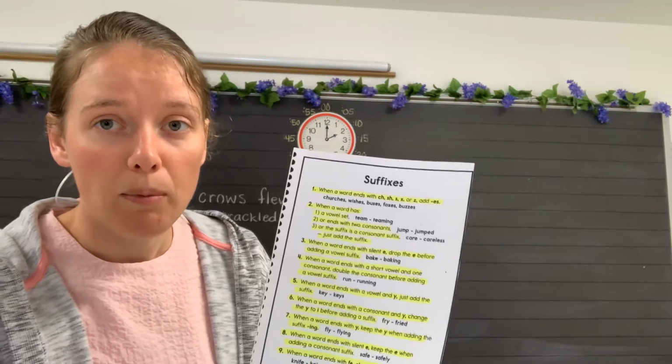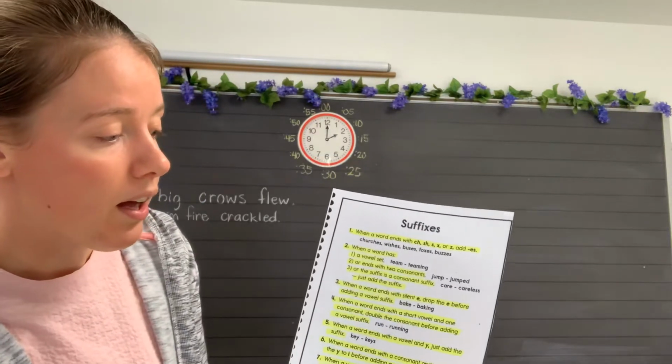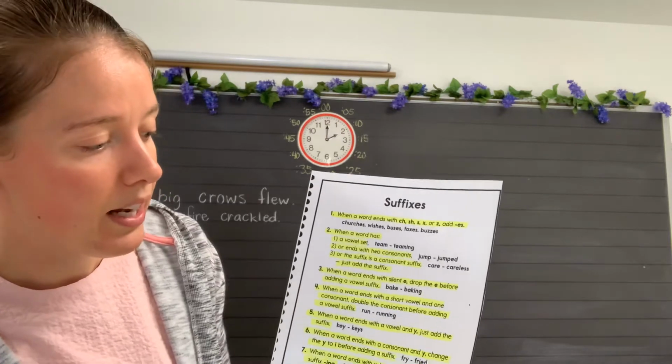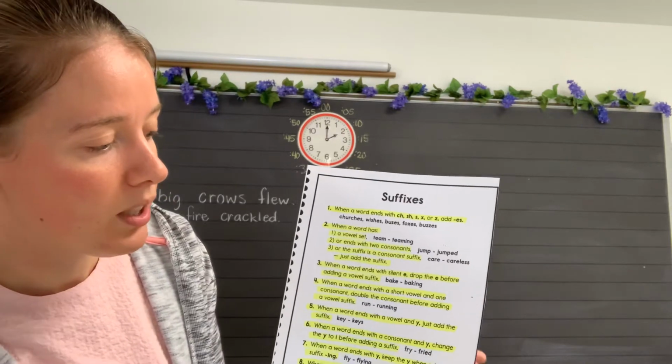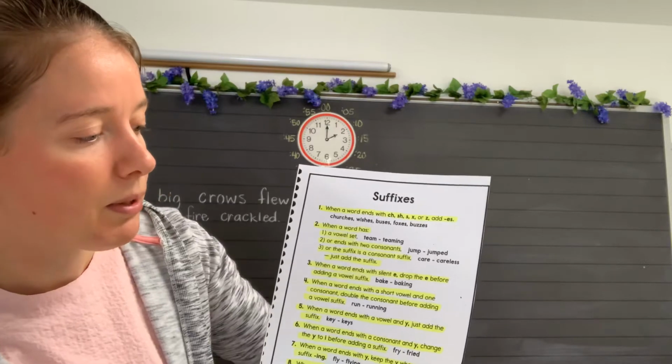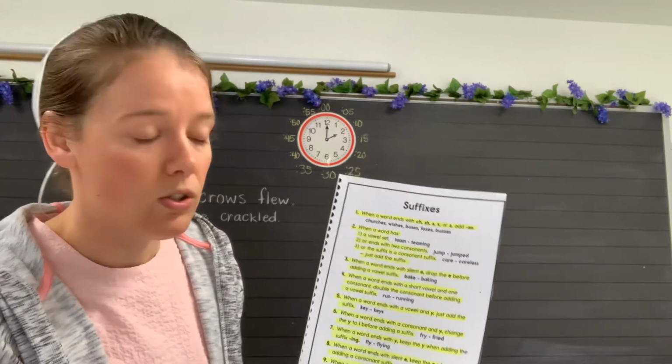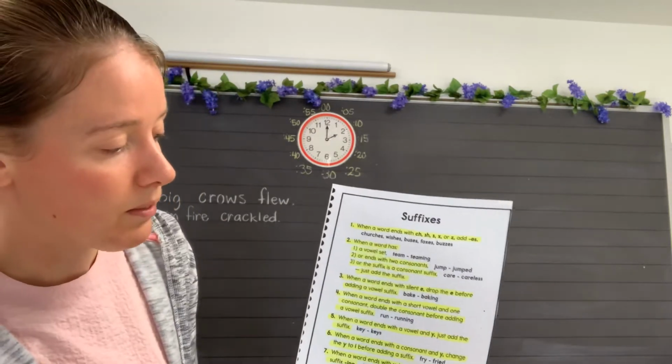You will need to double that consonant because it has a short vowel and it ends with one consonant, so you will need to double the consonant before adding a vowel suffix, like ing is the vowel suffix, so double your consonant.